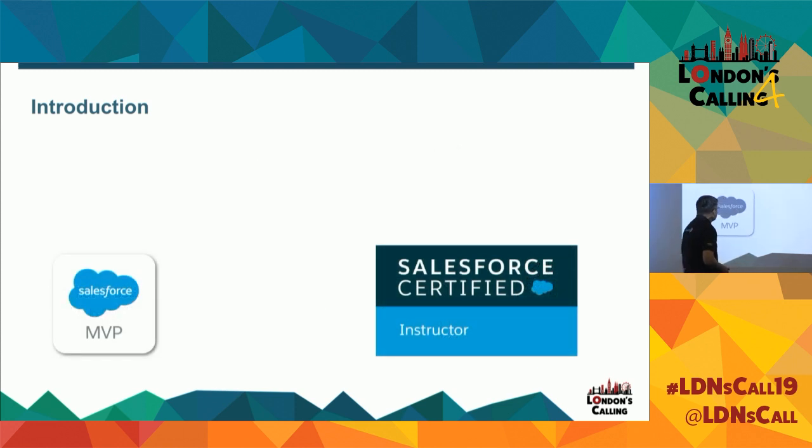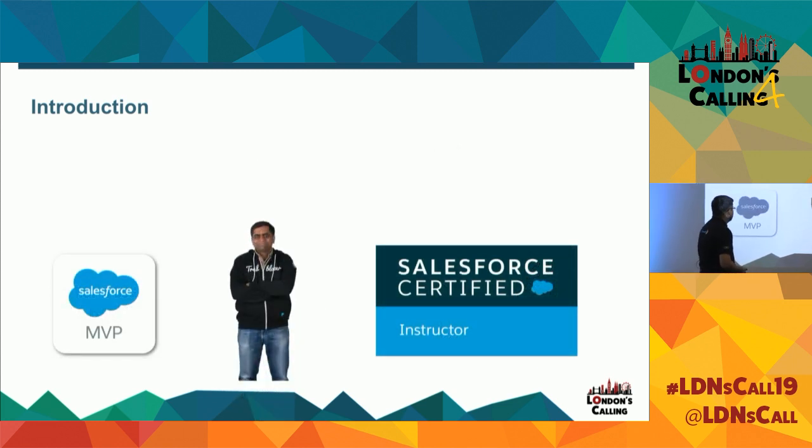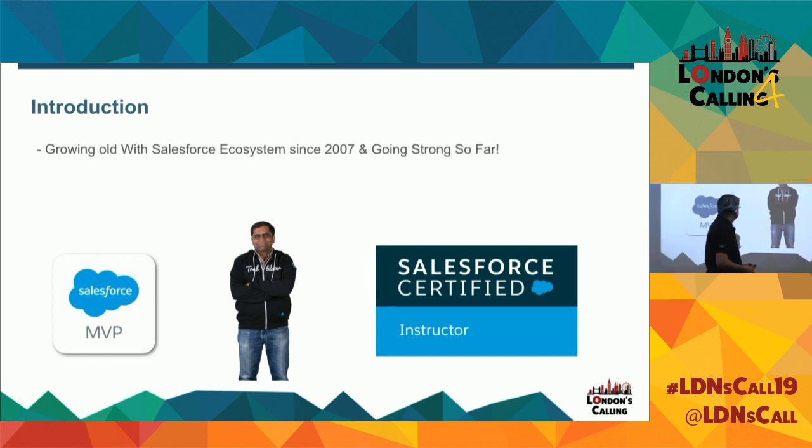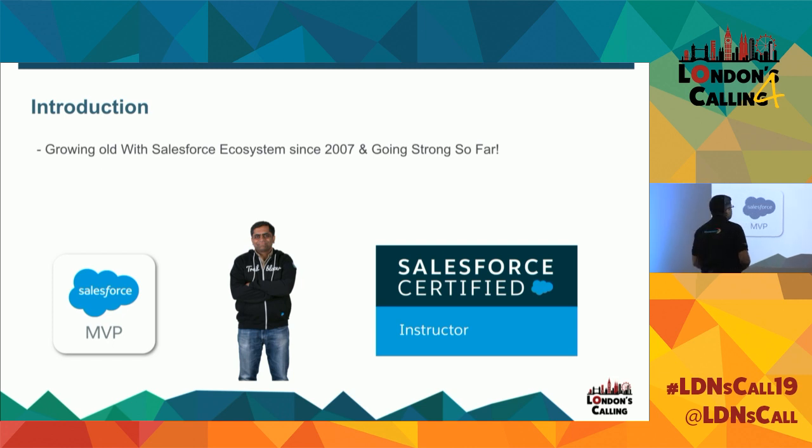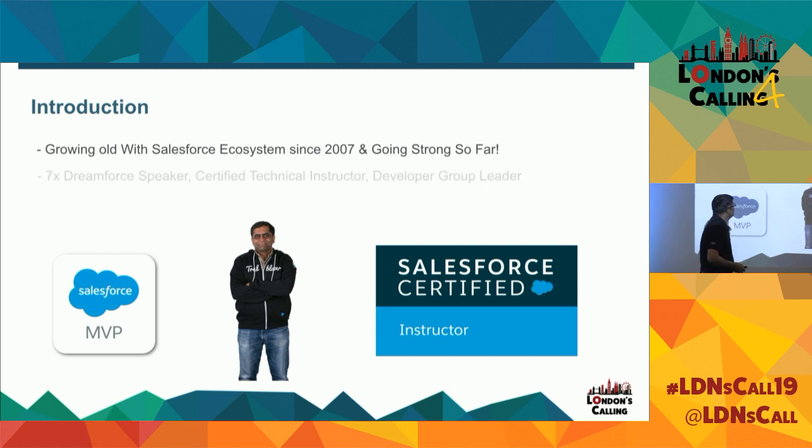A little bit about myself. This is me. I became a Salesforce MVP a few years back. I'm a Salesforce certified instructor. I like to say that I've grown old with the Salesforce ecosystem. I started off in 2007. It's been about 12 years and going strong and getting old so far.